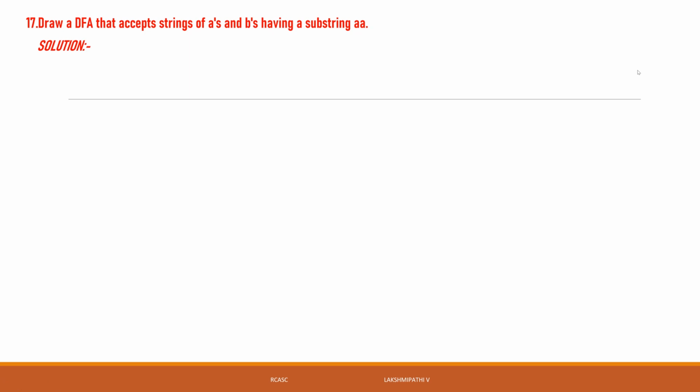Then what are the input symbols? A and B, sir. A and B are the input symbols. Okay, tell me anyone, how can we define that minimum string? Skeleton of DFA. Keshav, are you listening to the class?